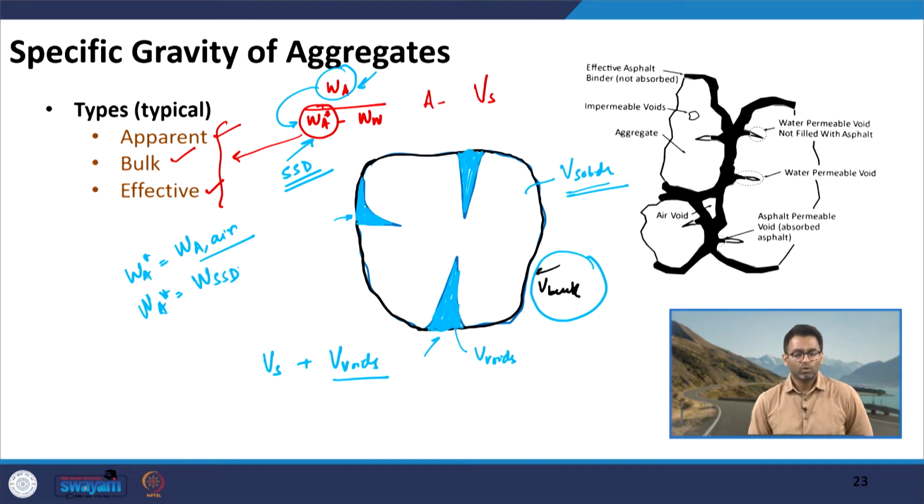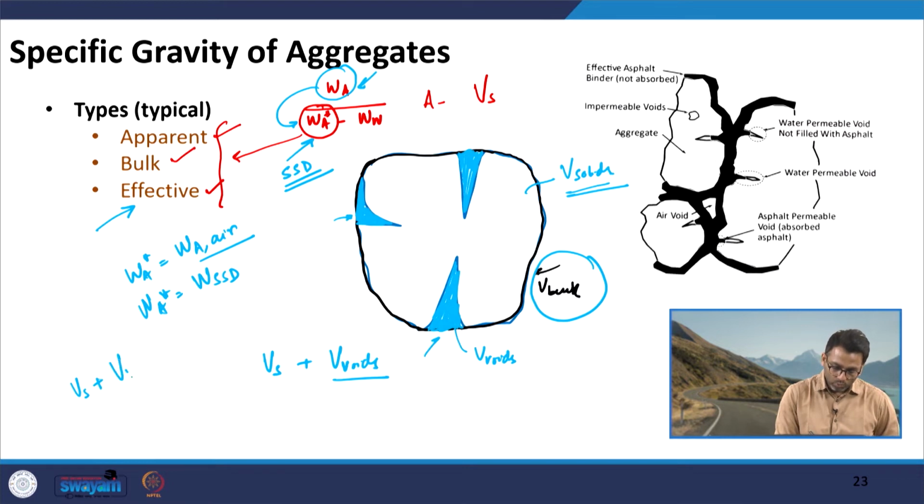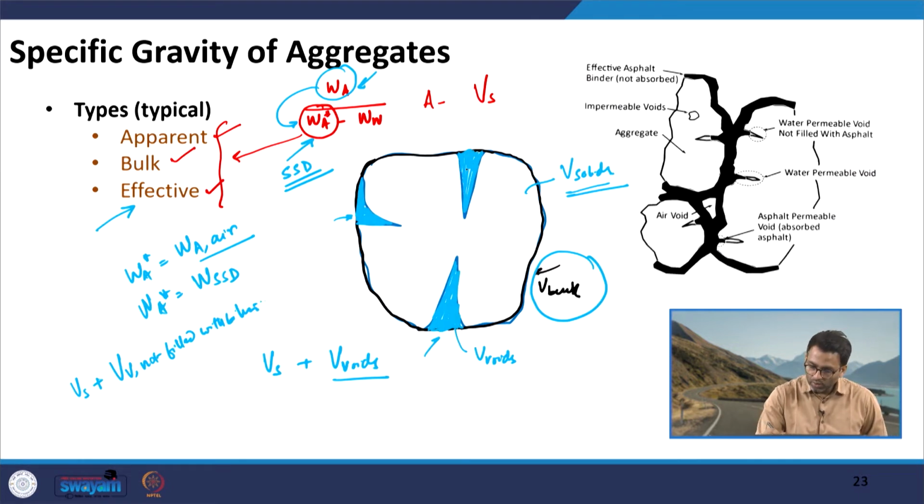And in the effective specific gravity, the volume which I am interested in is the volume of solid plus volume of voids not filled with bitumen. Now, this is critical, you see. Let us say only this much bitumen was able to go only up to this height, all right.